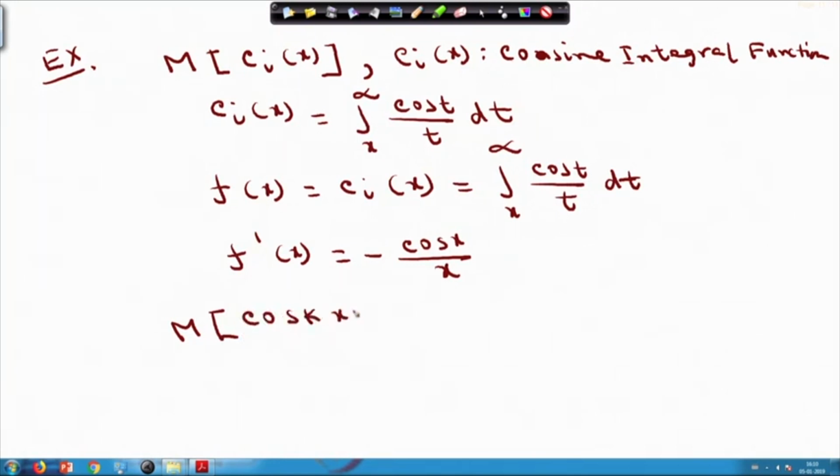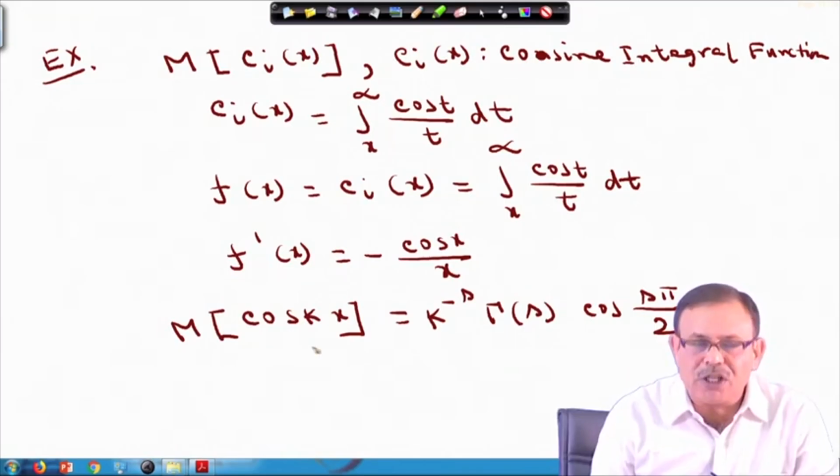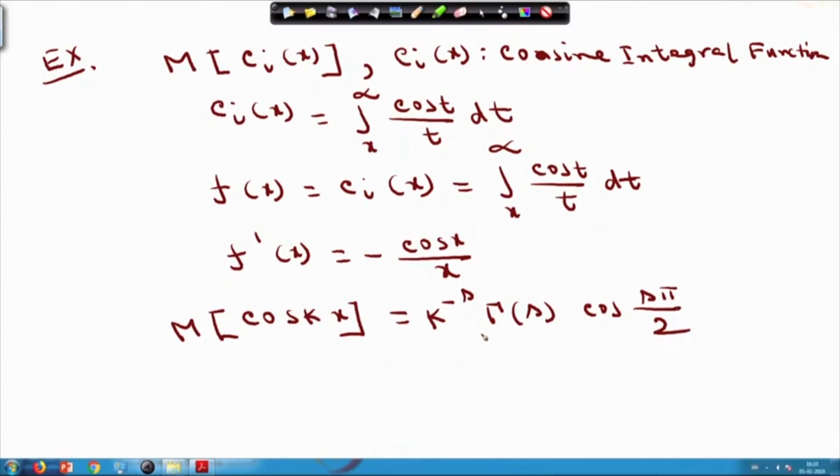If you recall, Mellin transform of cos kx equals k to the power minus s gamma s into cos (s pi by 2). This we have done in the last lecture.